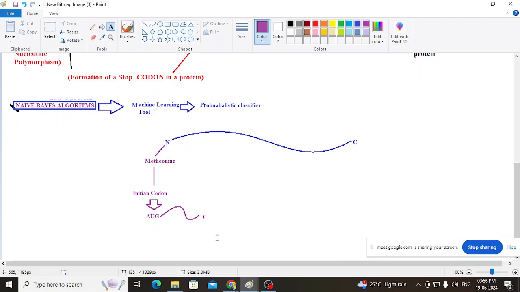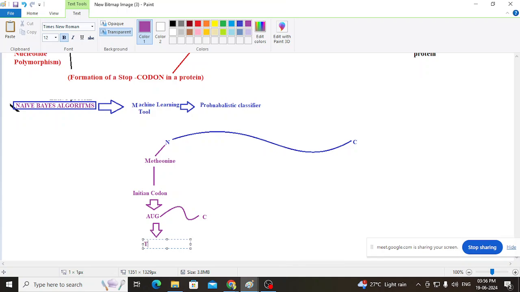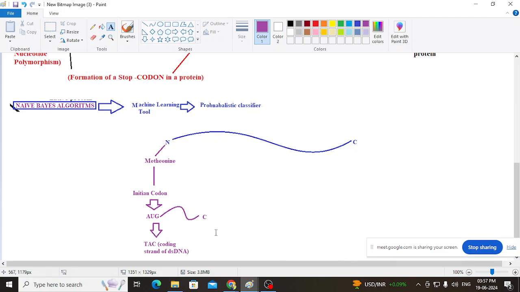In the mRNA, AUG is coded in the DNA as TAC. That means in the coding strand of the double-stranded DNA, whenever a TAC is there, it will translate into AUG.